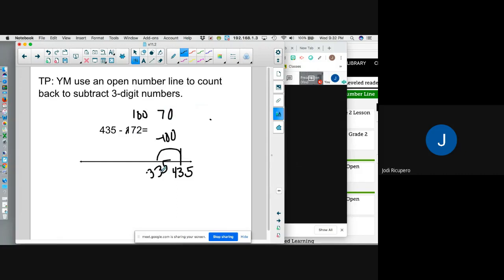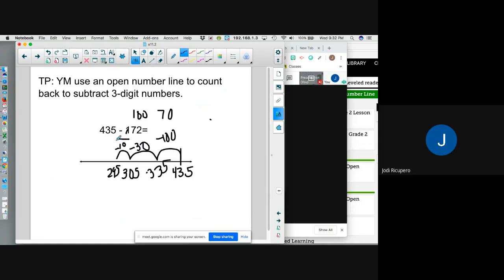But I have only 30 here. So first I'm going to subtract the 30. So 335 take away 35 equals 305. Now I'm going to subtract 10. And 305 take away 5 equals 295.